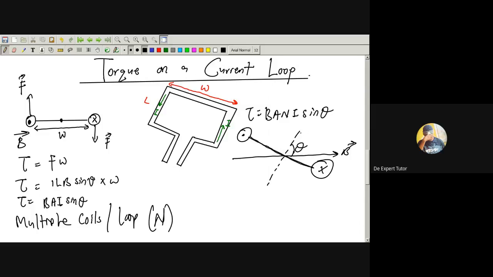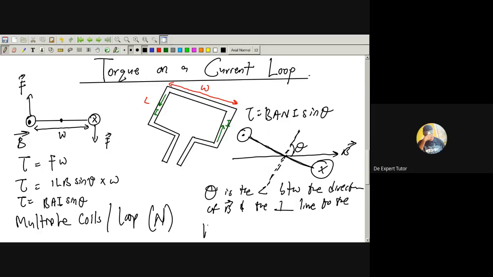Look at this, the perpendicular line. So theta is the angle between the direction of magnetic field and the perpendicular line to the plane of the loop. And that is it. Okay, let's move on.